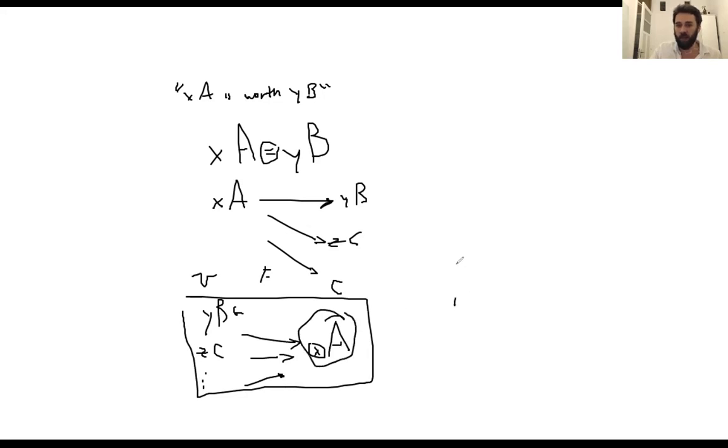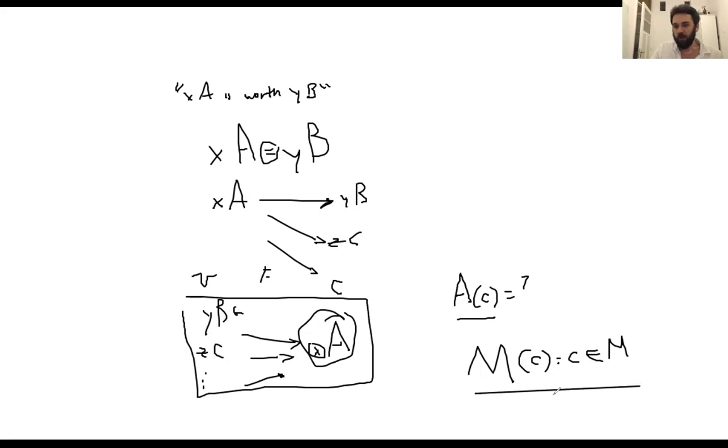And you can ask, for a certain commodity C, how much of A you can see in it. But that's a predicate structure. This means that for the money, you have some commodity C that belongs to M at some level, which is like the atom definition for Badiou, right?